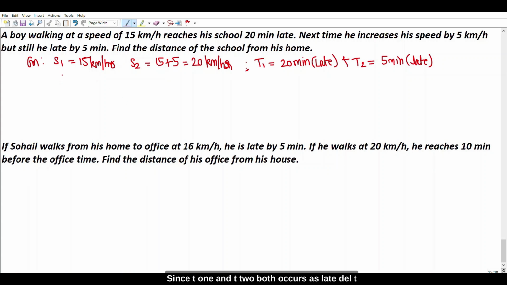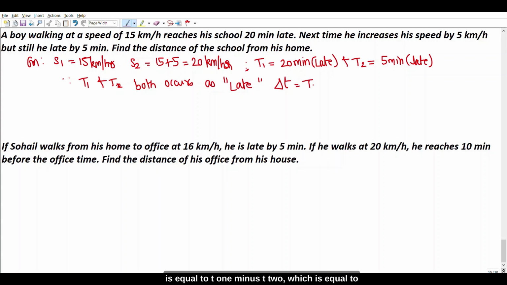Since T1 and T2 both occur as late, del T is equal to T1 minus T2, which is equal to 15 minutes, which is equal to 1 by 4th of the hour.